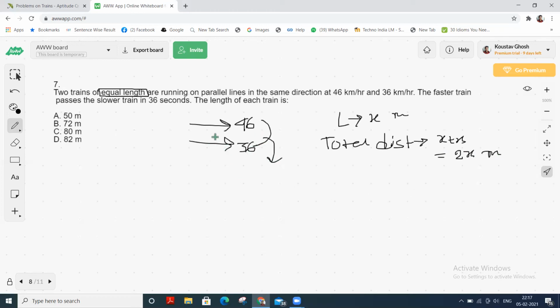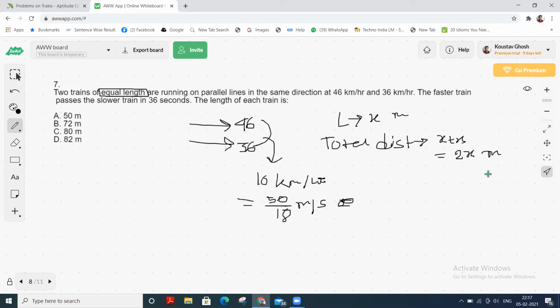As they are in the same direction, the relative speed is 46 minus 36, that is 10 kilometers per hour. So 10 kilometers per hour means 10 into 5 by 18, that is 50 by 18 meters per second.